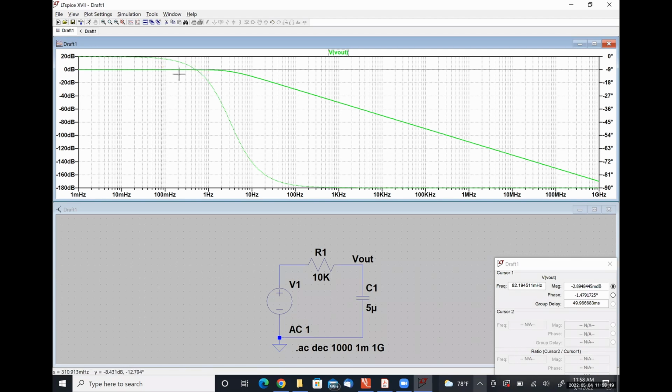So let me find this thing again. We just slide this over. That's pretty close. So our 3 dB cutoff frequency is going to be somewhere very close to 3.16 hertz. That's how we can find it.